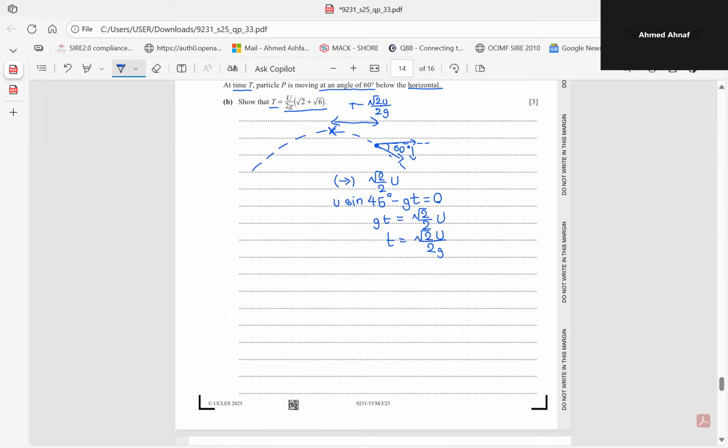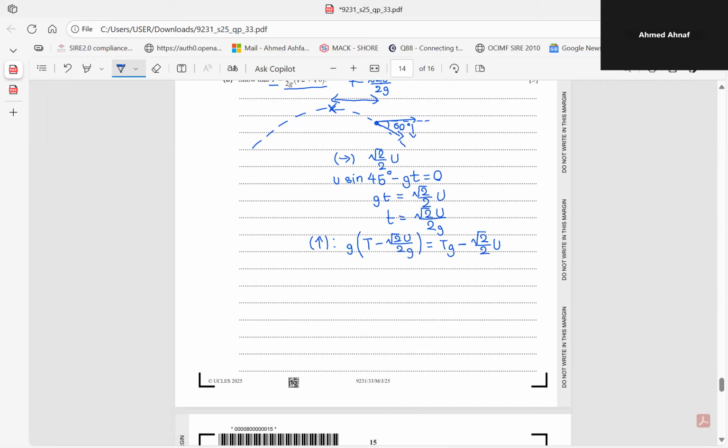So the vertical component, this is 0, so 0 plus g times t minus square root 2u over 2g, you'll get tg minus square root 2 over 2u. Okay, so this is the vertical component of this.